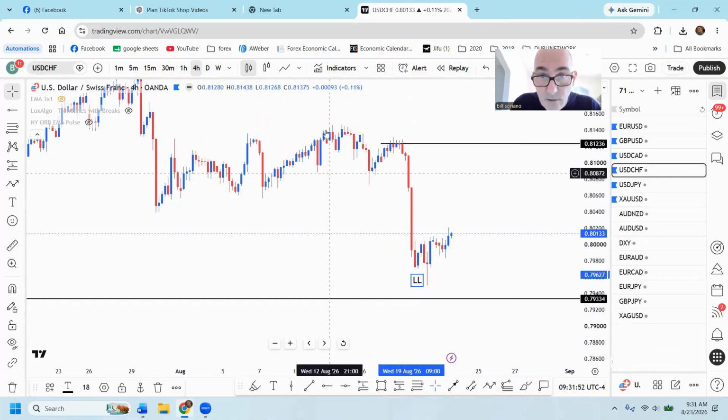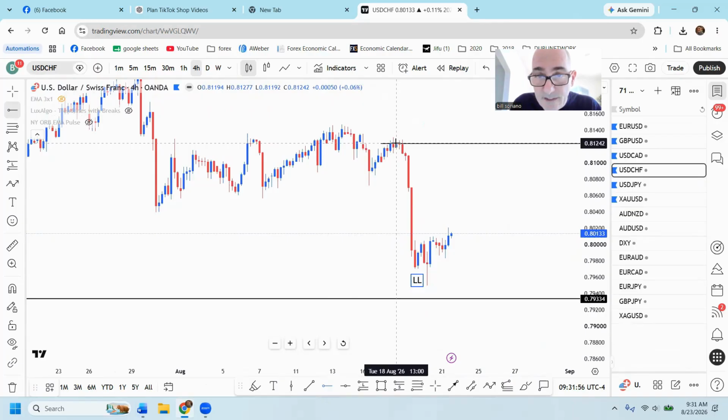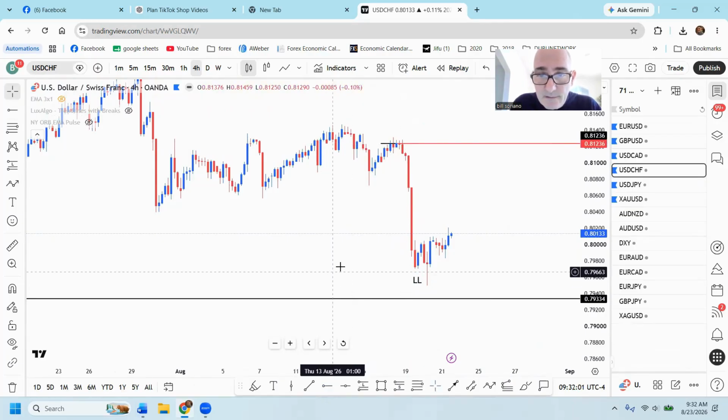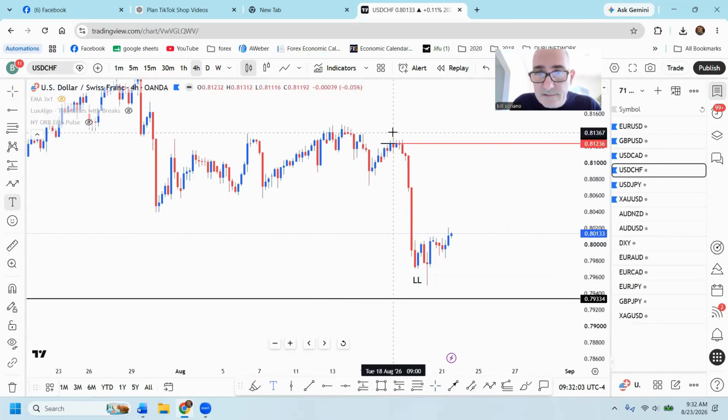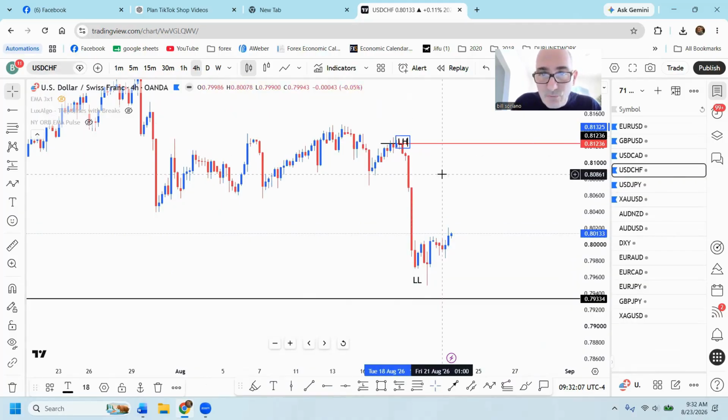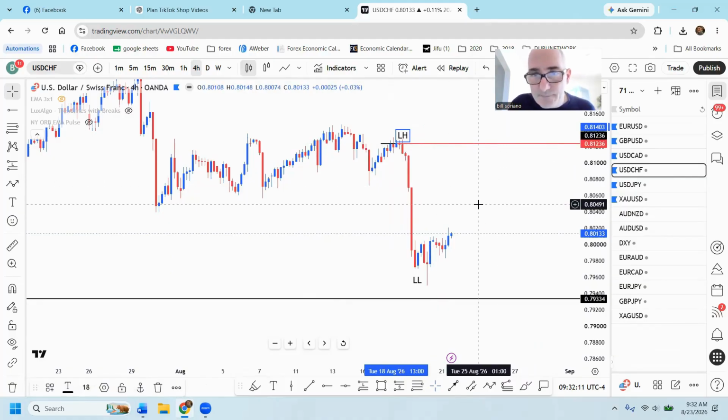And if that's our lower low, then there's no confusion here. This is our lower high, and again, it's right on the same line as our daily range high is.